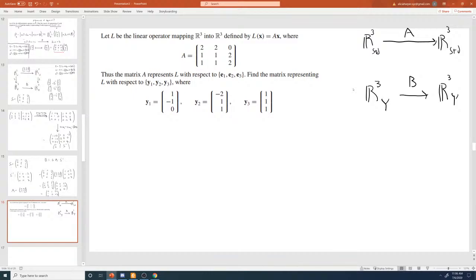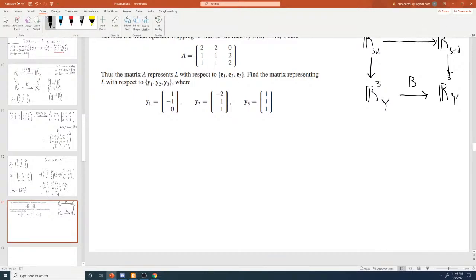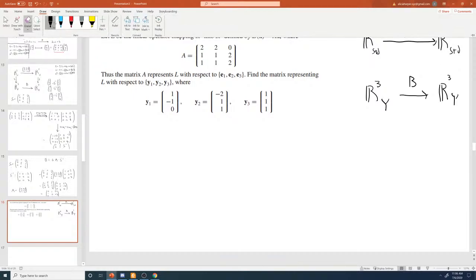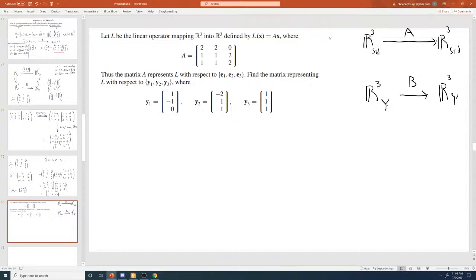In order to do that, we need to know how to base change. So we need to know how to go from the standard basis to the y basis, etc. What I'm going to do this time is reverse it a little bit to make our life slightly easier. And I'm going to worry about, instead, the base change map from the y basis to the standard basis.